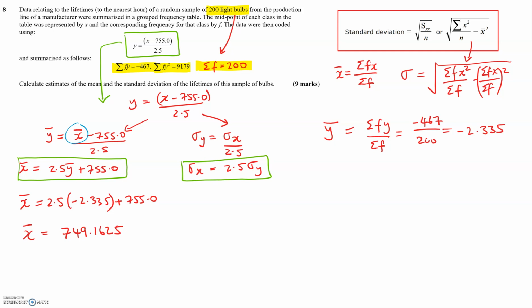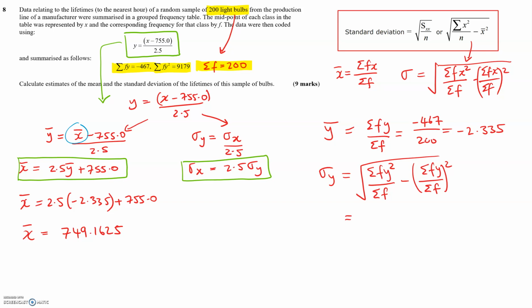So in order to find the standard deviation of x, I need to find the standard deviation of y, and I use the standard deviation formula. So that's going to be the square root of the sum of fy squared over the sum of f minus sum of fy over sum of f all squared. So that is using the numbers that I've been given.